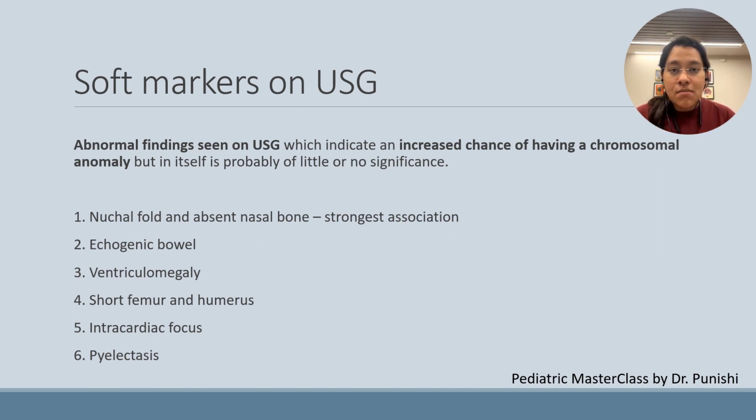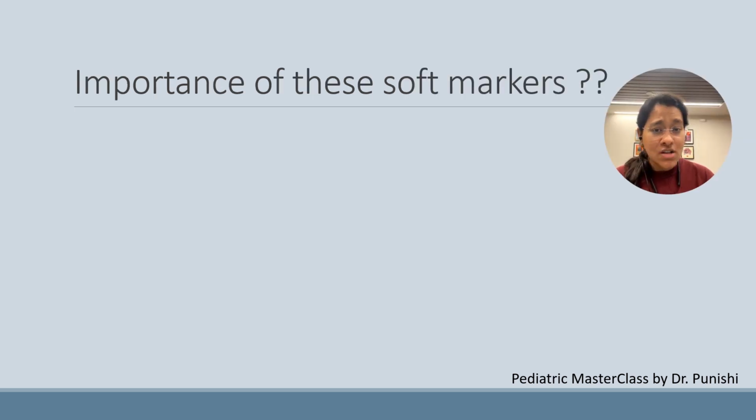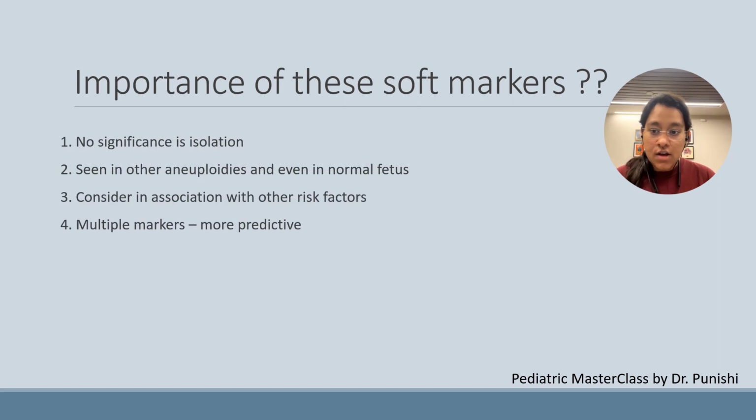So then the dilemma is how do you interpret these soft markers on ultrasound? What is the importance of these markers? Number one, in isolation, they have no significance at all. These soft markers can be seen in other aneuploidies as well as even in a normal fetus. So, whenever we are looking at these soft markers, they have to be considered in association with other risk factors.